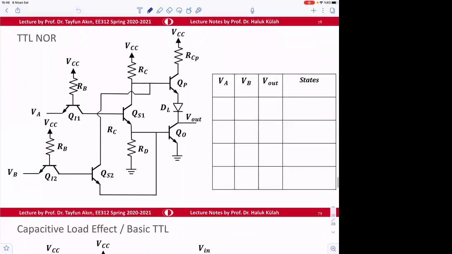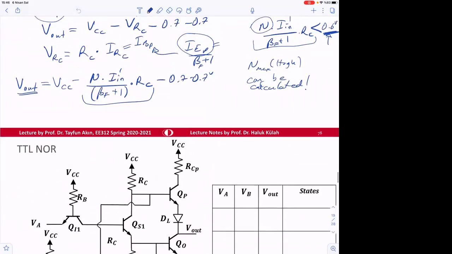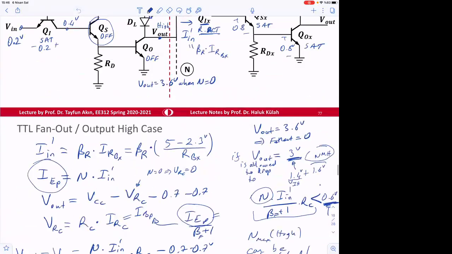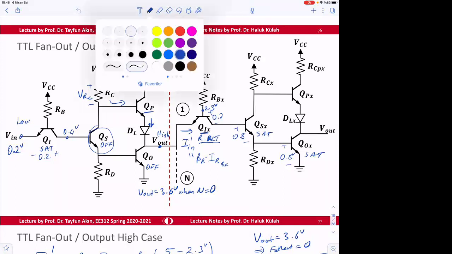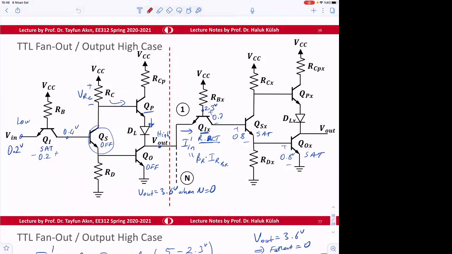Okay, so this TTL standard circuit is shown here. We analyzed the input stage, and then the last stage, and then we have seen the splitter stage.